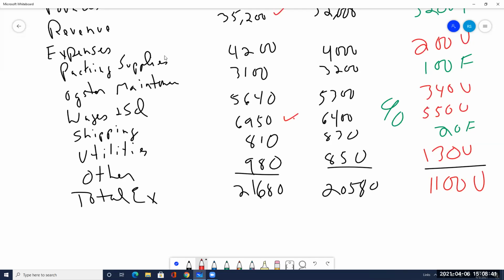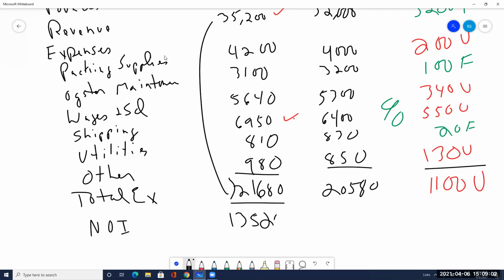Okay. And finally, we have net income, net operating income. And this is going to be the 35,200 minus the 21,680 for 13,520 and 11,420 and 2,100.